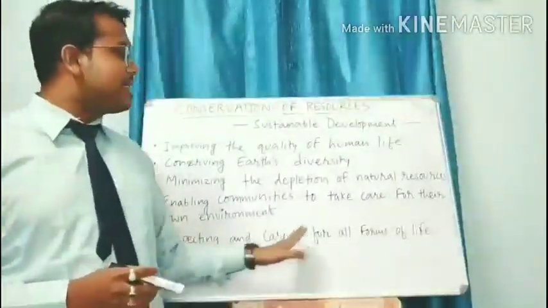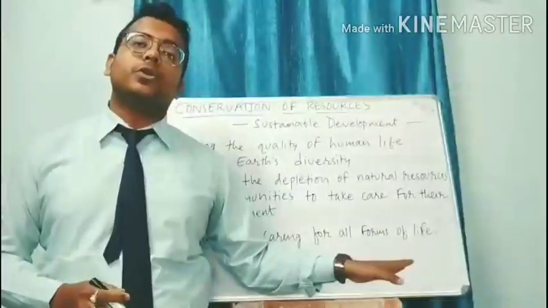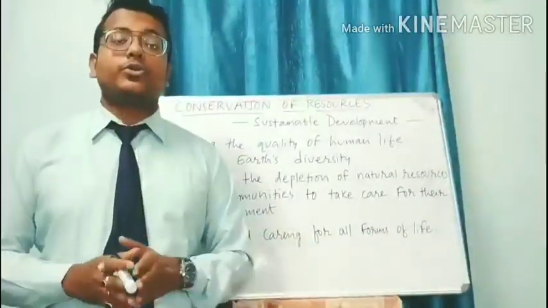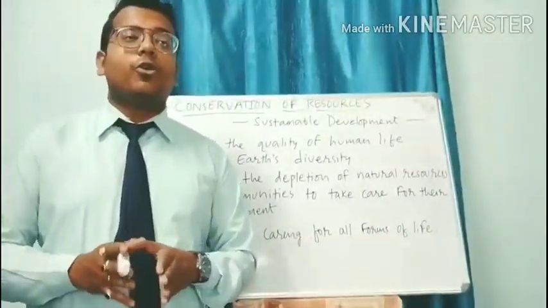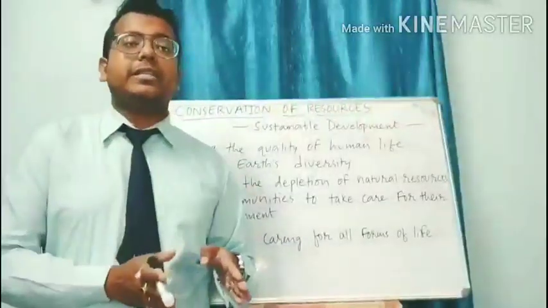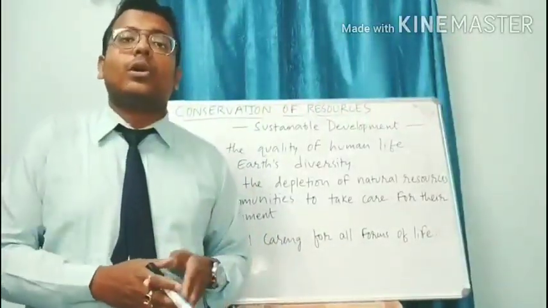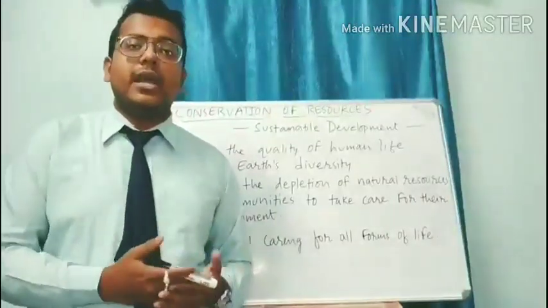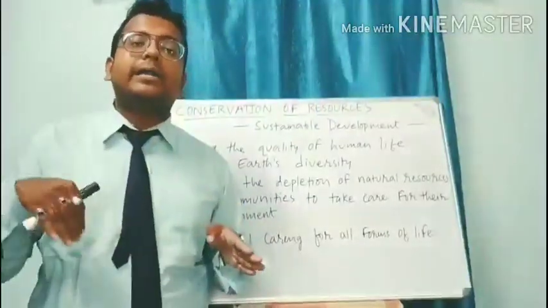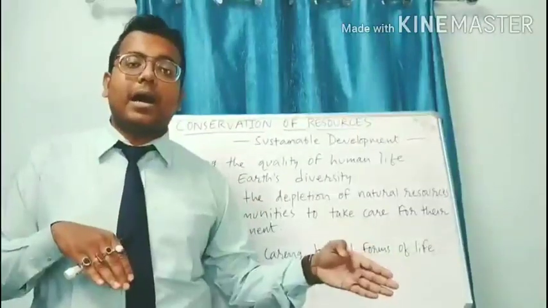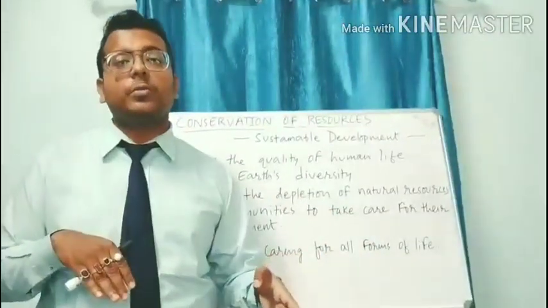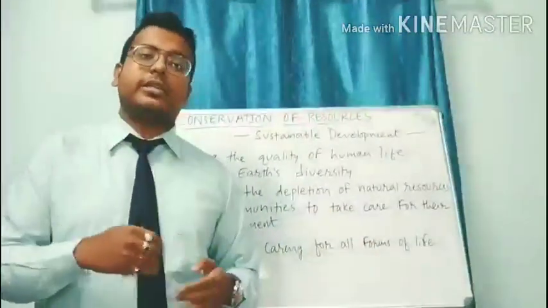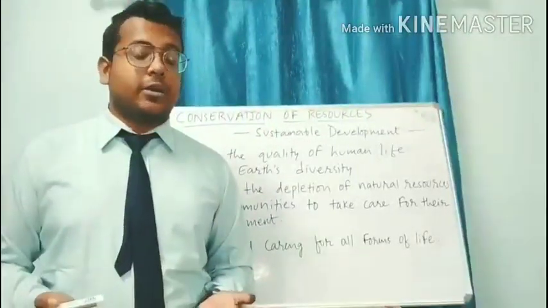Next, respecting and caring for all forms of life. Yes, we should respect and care for all the different forms of life that persist in this world, whether humans or animals. See, we are all bound in chains. If plants are not there, then animals won't be there. If animals are not there, then we human beings cannot survive.